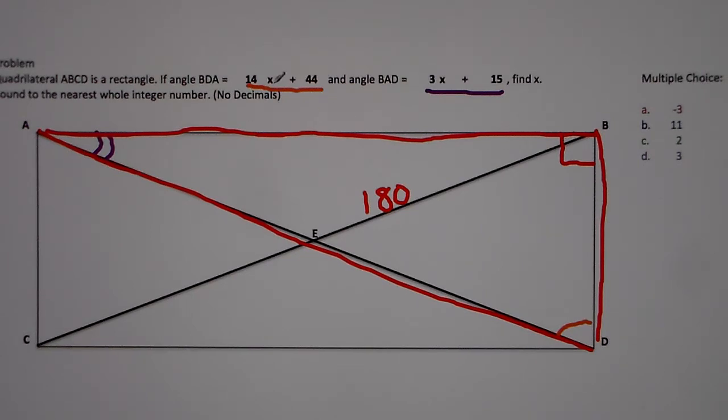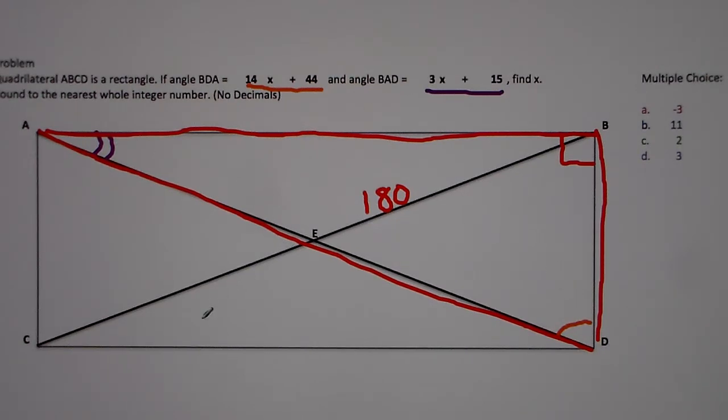So that means 14x plus 44 plus 3x plus 15 plus 90 degrees equals 180. I'm going to subtract 90 degrees from both sides, so 14x plus 44 plus 3x plus 15 equals 90 degrees.